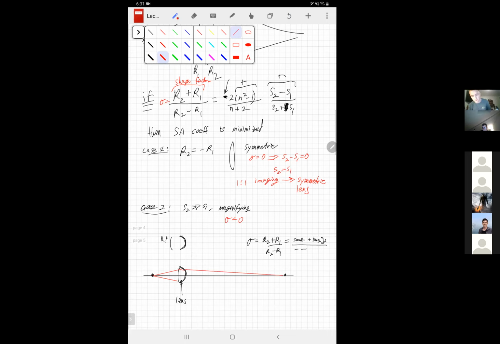I didn't draw it to scale. But the idea is that the rays that are coming out at the largest angle hit a flat surface, all right? Or an almost flat surface.